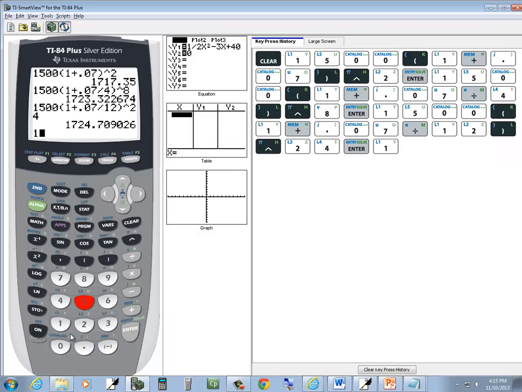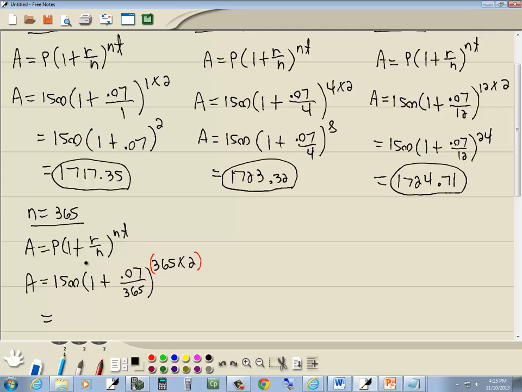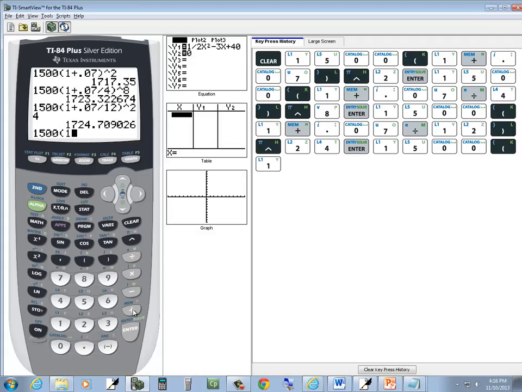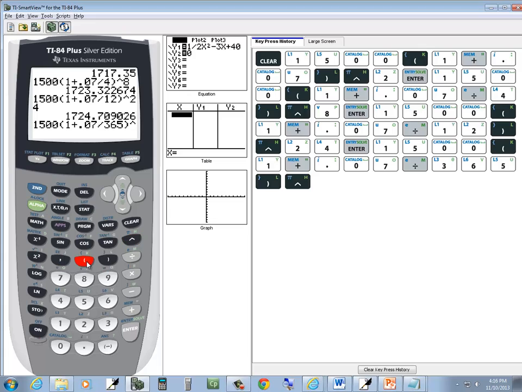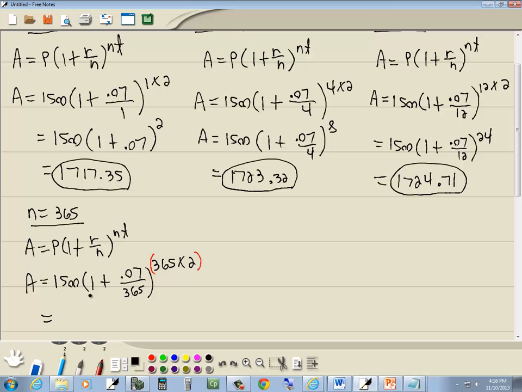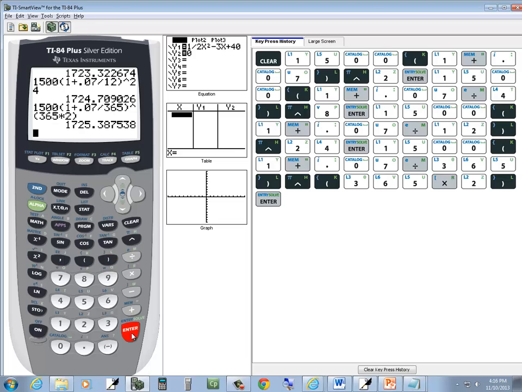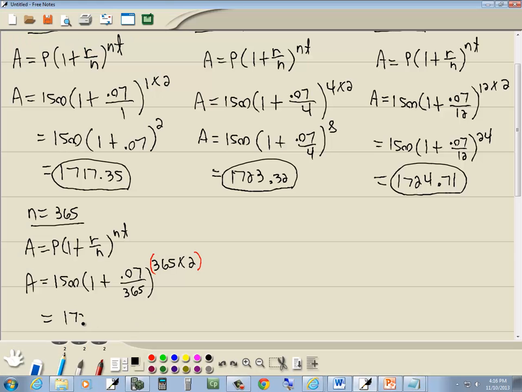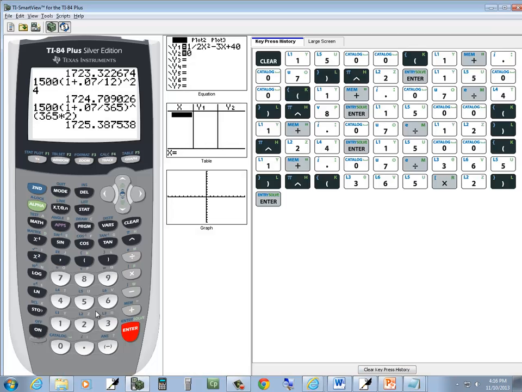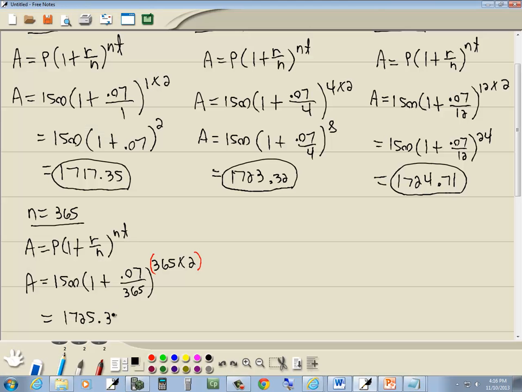So I got 1500, beginning parentheses, 1 plus 0.07 divided by 365, closing parentheses, caret beginning parentheses for our exponent, 365 times 2. Closing parentheses if you want, you don't need it at the very end, and then press enter. We get $1,725.39.